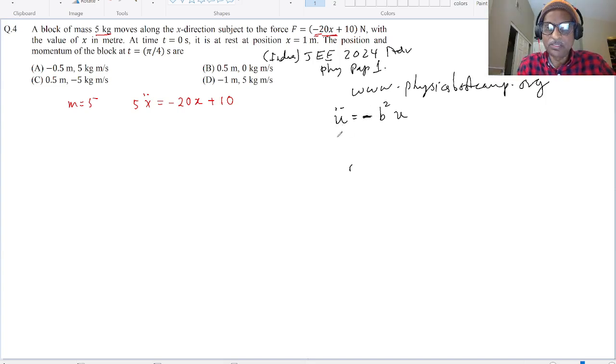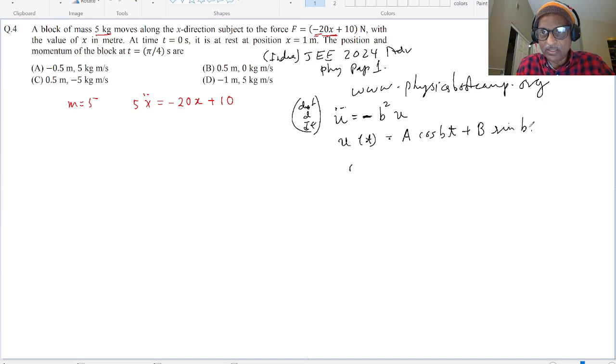If you have an equation like this, then one would say u is a cosine bt plus b sine bt. These a and b can be obtained from knowing u at t equal to 0 and u dot at 0.